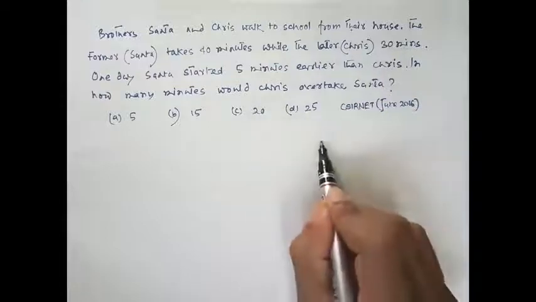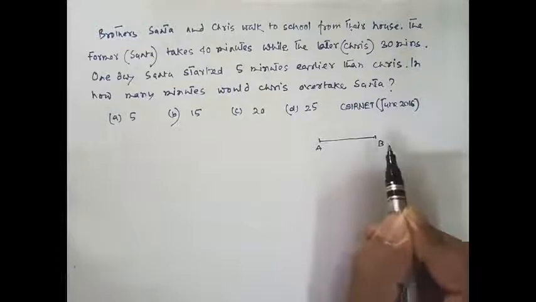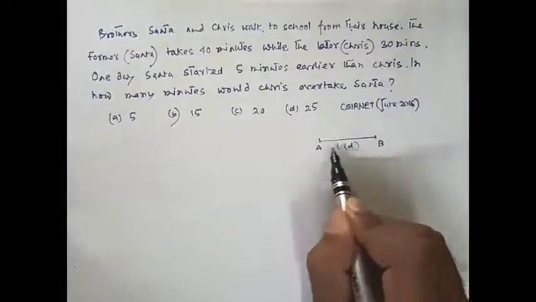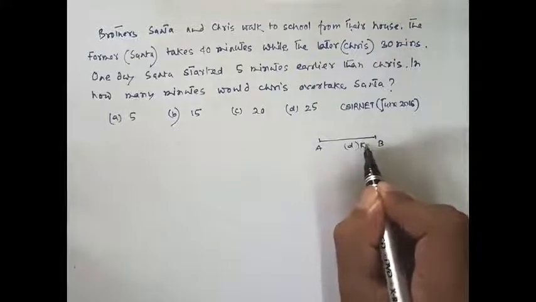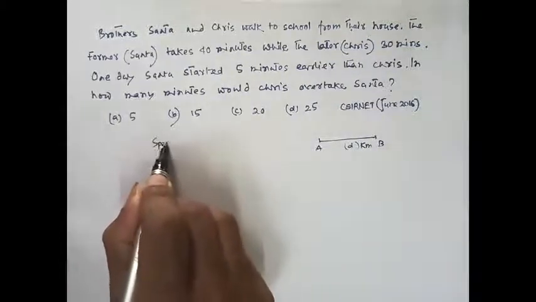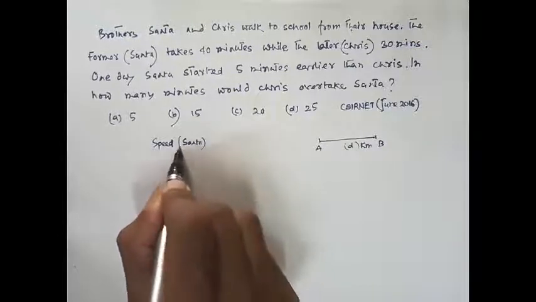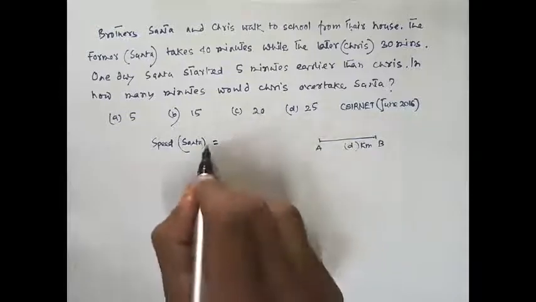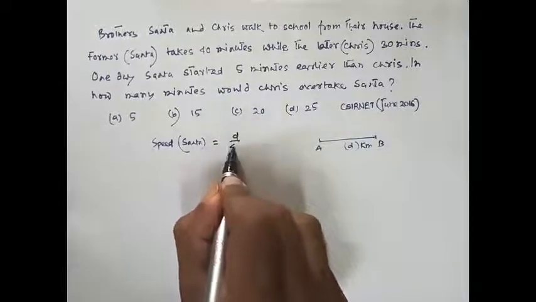Suppose from A to B, the distance between school and house is d kilometer. So the speed of Santa will be d by 40, since it takes 40 minutes.